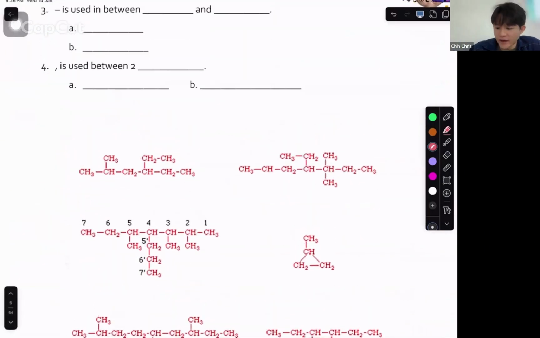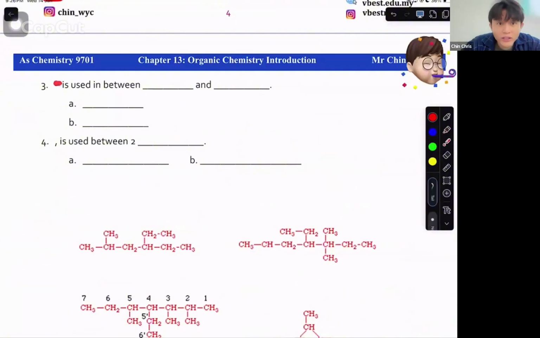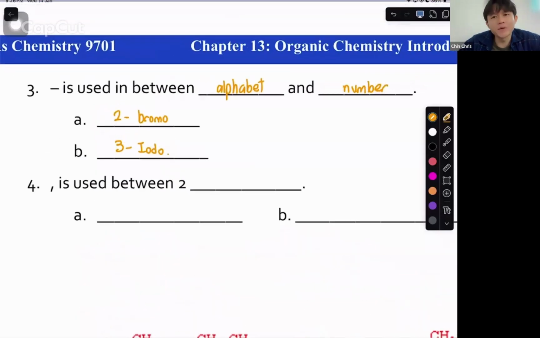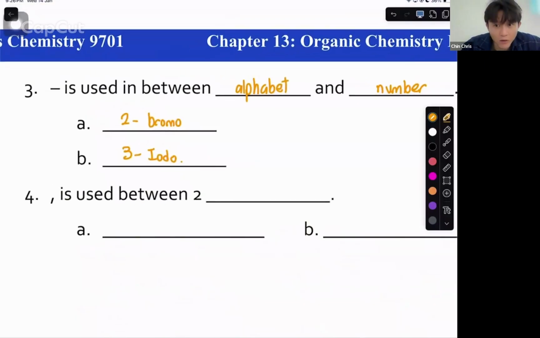Okay guys, next. A dash is always used in between an alphabet and a number. For example, we have 2-bromo, 3-iodo.